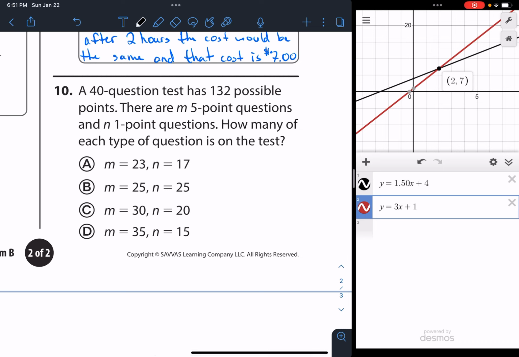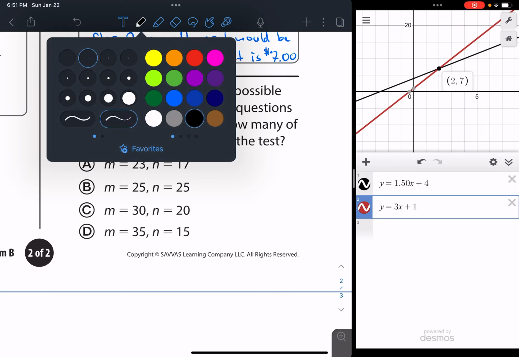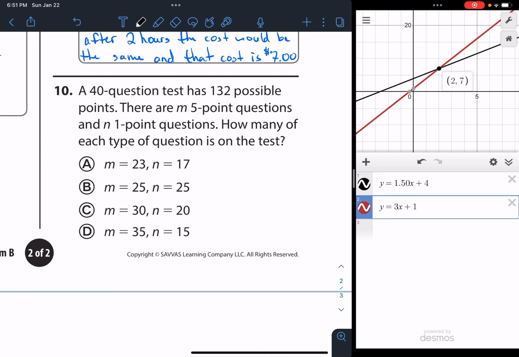A 40-question test has 132 possible points. There are M 5-point questions and N 1-point questions. How many of each type of question is on the test? Okay, so that's where we have to make 2 types of equations here.